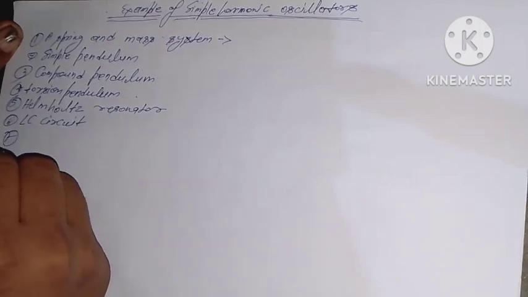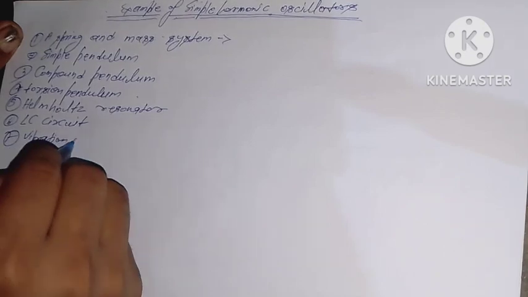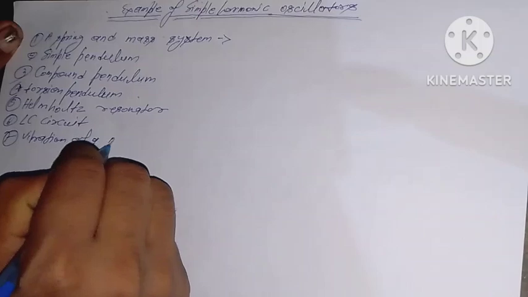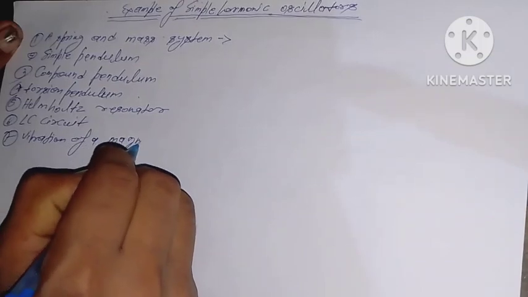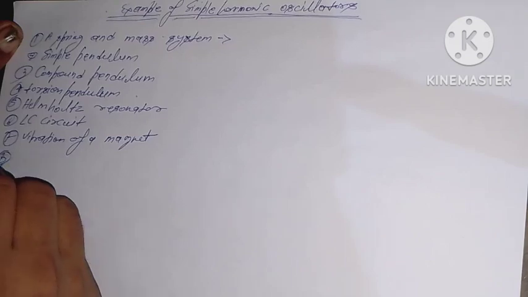Seven is the vibration of a magnet. Eight is two masses connected by a spring.